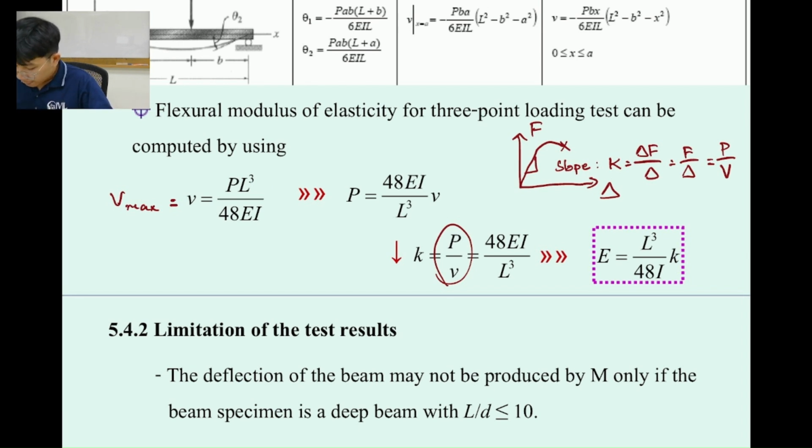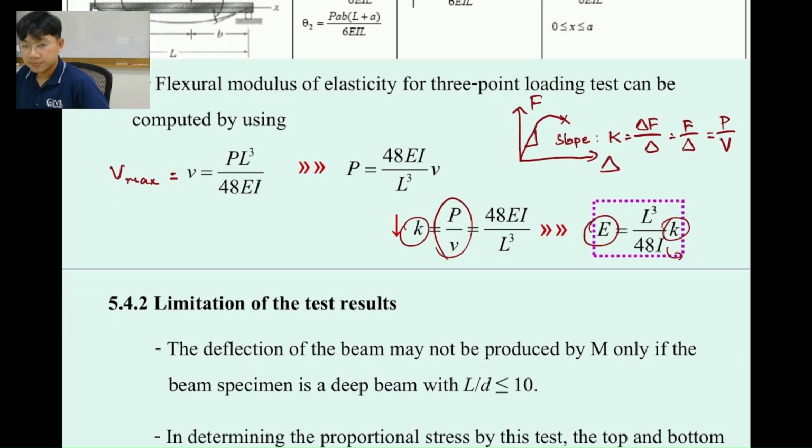So if we would like to find E, we can just rearrange the equation to P over V, which is the slope of the testing at the lab, and then we can find E easily as L power 3 times the slope of the testing sample divided by 48I, where I can be measured from the sample dimensions, and K is the slope of the force and deflection of the testing sample at the labs.